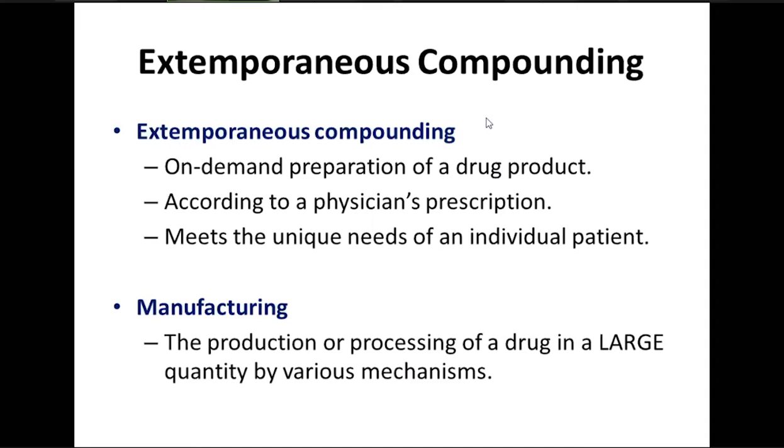So you have maybe antibiotics, analgesics, and so on, all those being manufactured at a large scale. But when we come to extemporaneous preparations, these are smaller preparations which are tailor-made based on individual patients and responding to a physician's prescription.